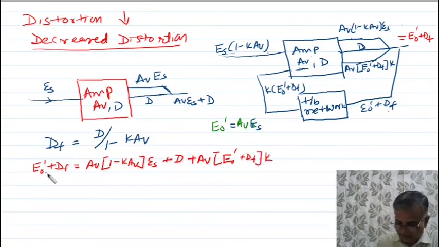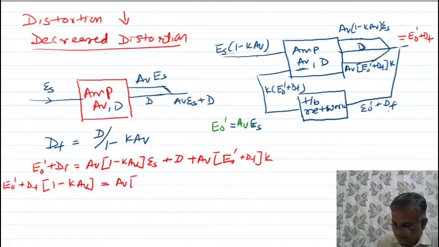So if I take this term on this side, what will be common? EO dash plus DF will be common. Into bracket I can write 1 minus KV. This is your AV, 1 minus KV into ES plus distortion D. That will be left.